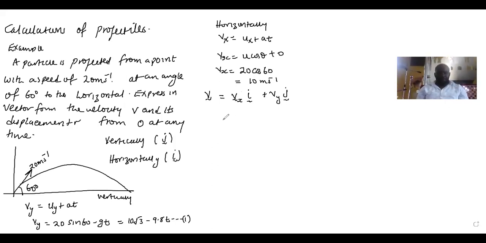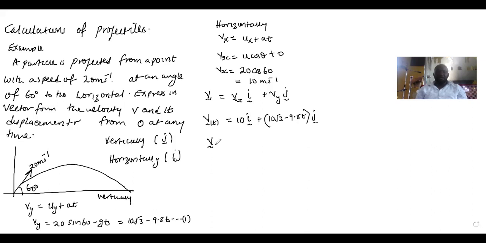Therefore, we shall have the velocity v at any time. Sometimes people write subscript t to mean at any time. It is going to be given by 10i plus (10 root 3 minus 9.8t), where the whole of this bracket is for j. So when you go to understanding mechanics and you learn such projectiles, this is how we're supposed to interpret them.